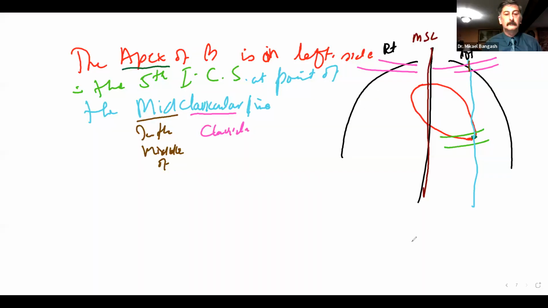Like I said, the left, the fifth intercostal space and the midclavicular line, because it means where these two points meet. Any questions, guys? No. Good.